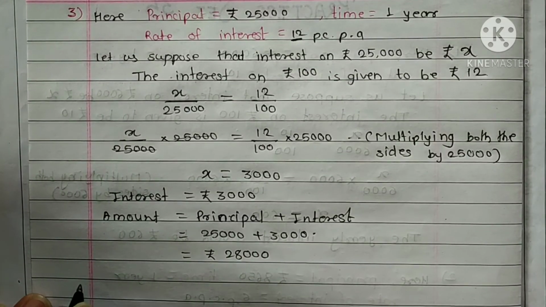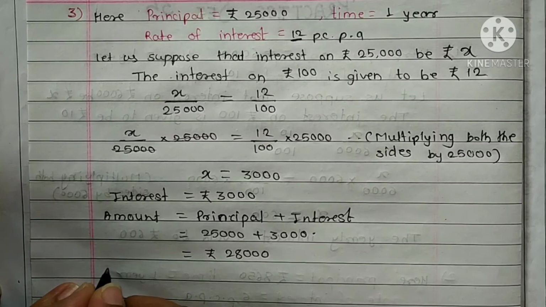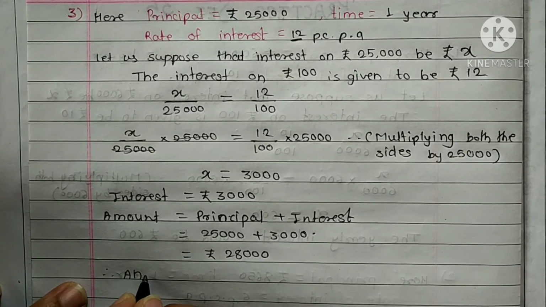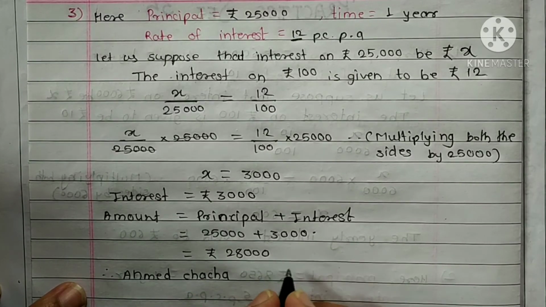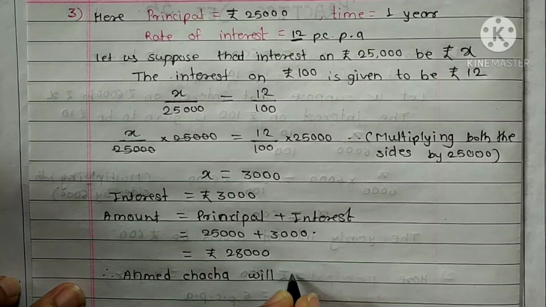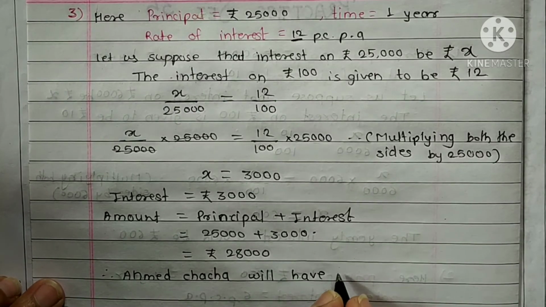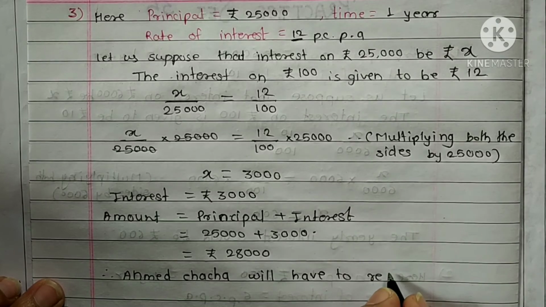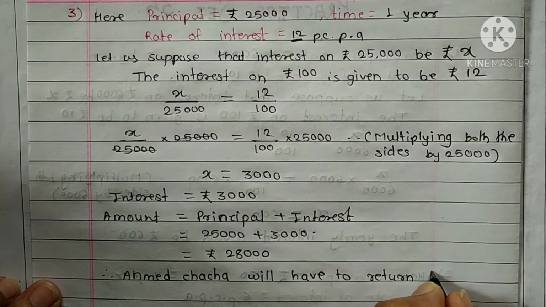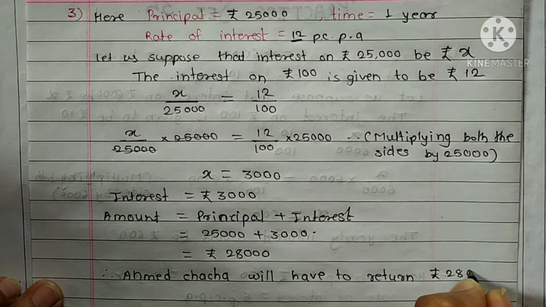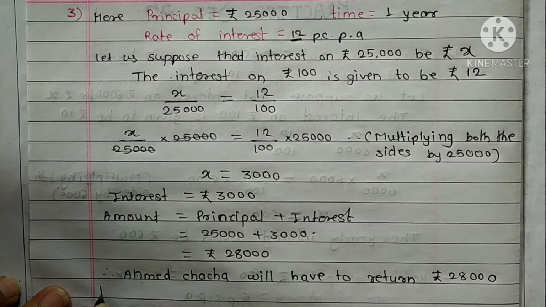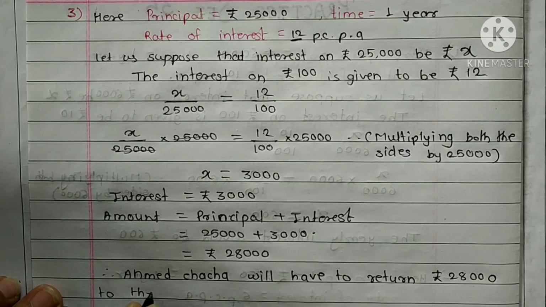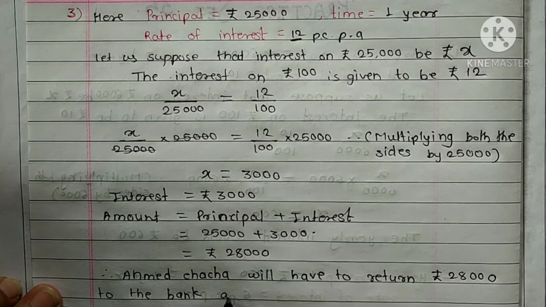So here write down, therefore, Ahmad Chacha will have to return rupees 28,000 to the bank at the end of year.